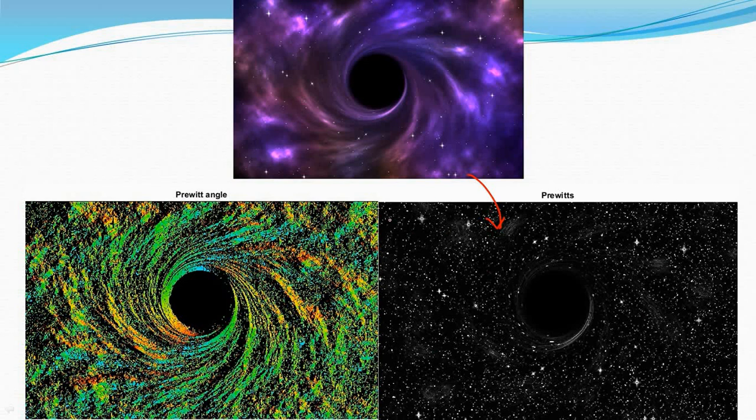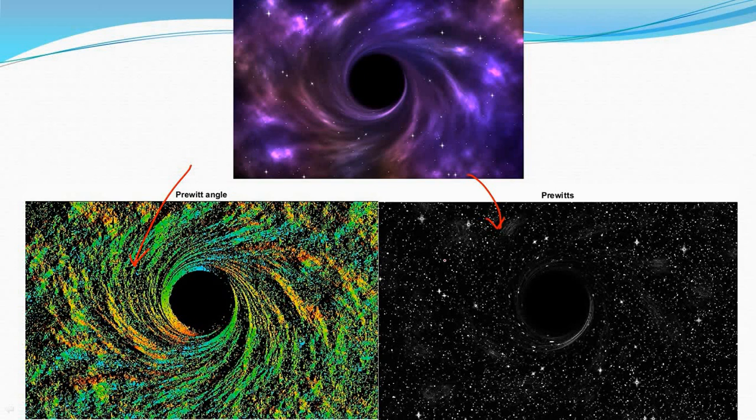All these dots are very clear over here. All the stars are very clear, but this texture is lost. When I take the angle, you can see the beautiful texture that is seen over here. This texture is all preserved in the angle. So whenever you want this texture information, you can go for the angles.